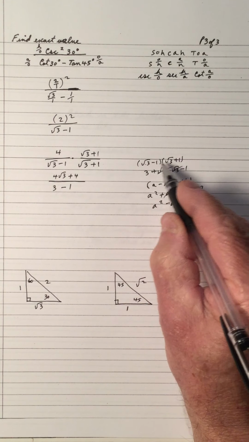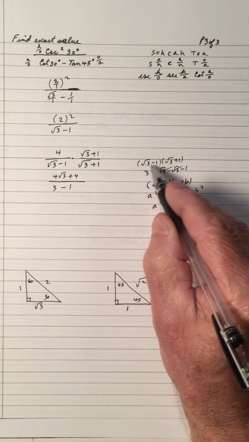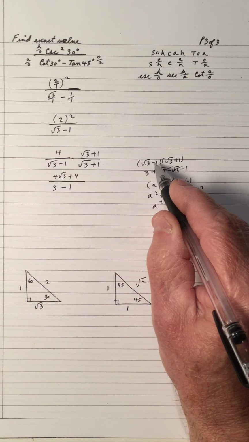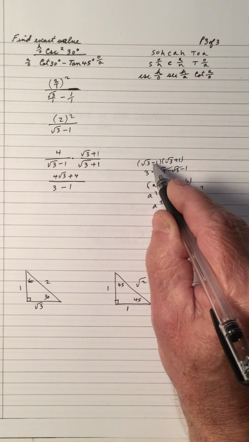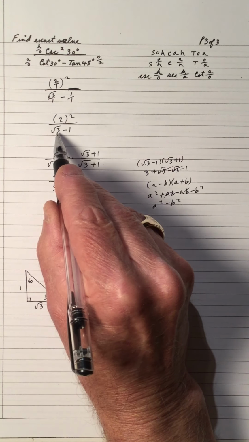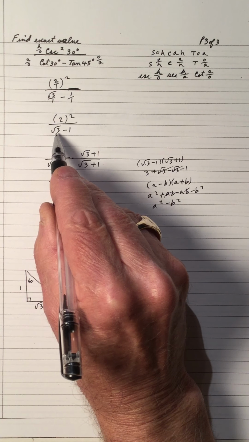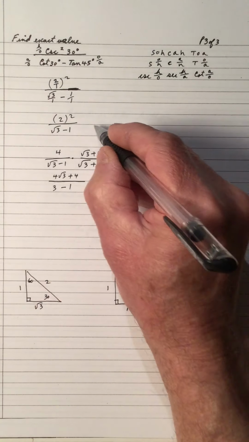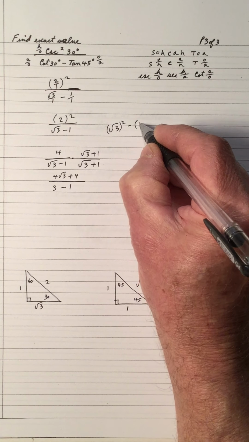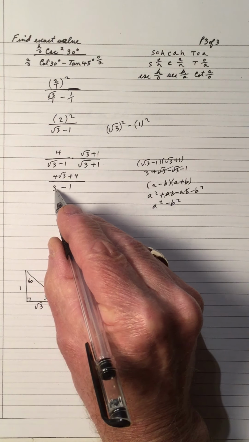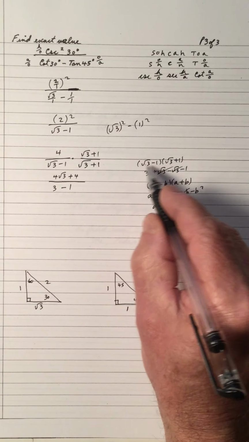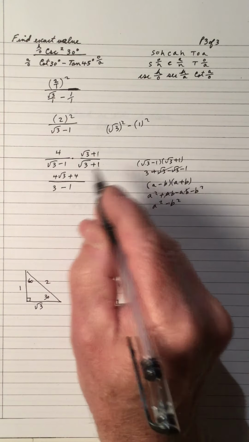So when you multiply two binomials that are conjugates of each other, where we change only the middle sign, you'll always get A squared minus B squared. So if you take the root 3 and square it, and you take the 1 and square it, then you'll get 3 minus 1. And then you can do the FOIL if you want, expand it out.